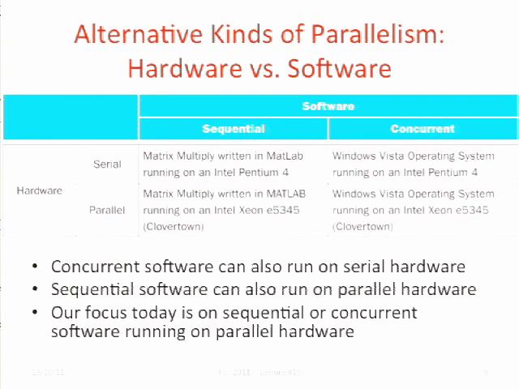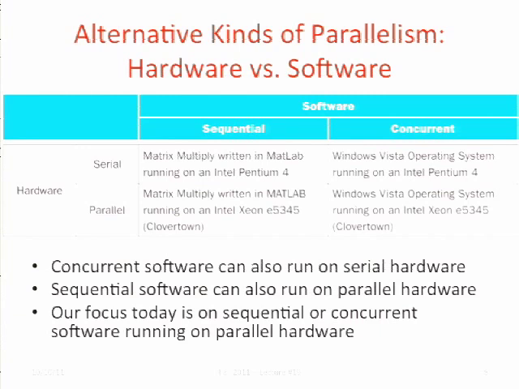So concurrent means that multiple things can be logically happening at the same time. Right? They can be going on at the same time. In hardware, we typically talk about serial versus parallel. Okay? And again, parallel means you can really have things happening at the same time. So concurrent means they might be active in overlapping periods, but you don't necessarily have to have parallel hardware to run a concurrent program. So that's what this is trying to show.